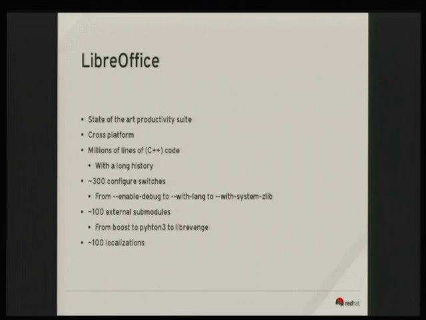So we have a zoo of like 100 submodules that are integrated in our code. So we don't ship the actual code of those. You need to get them from the internet as well as tarballs. We automate that, but then we integrate that into our build system so that we have just one make everything that then goes into all these submodules that you did want to include and builds that as well.